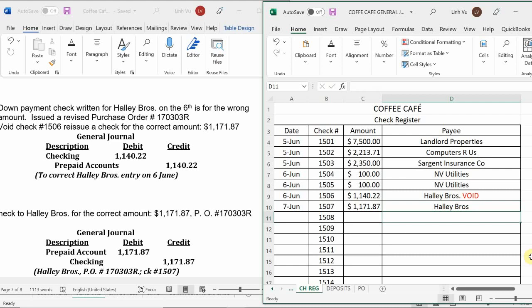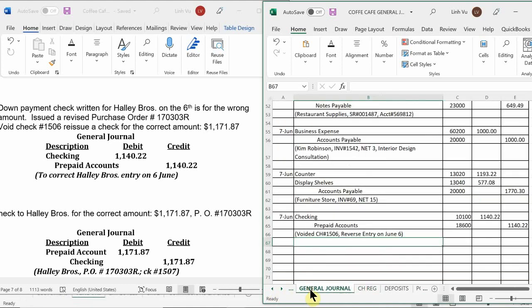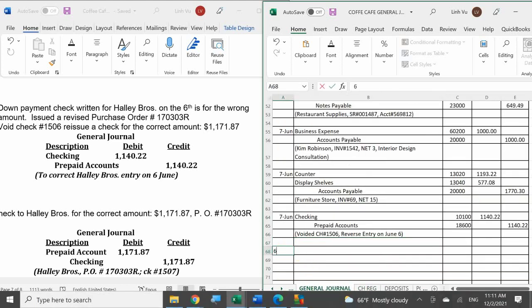Okay? So now I have a new issue check for 1507. So then now I can journalize it again because now I reissued a new check. So therefore, I made another prepaid down payment. And here I wrote a brand new check.